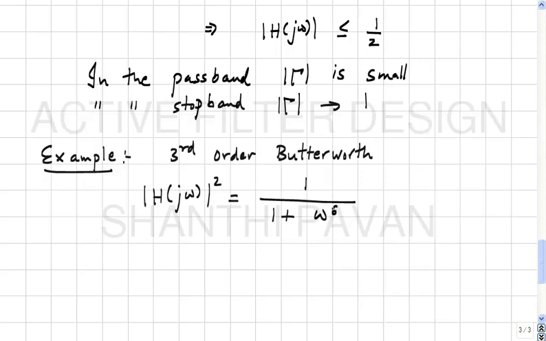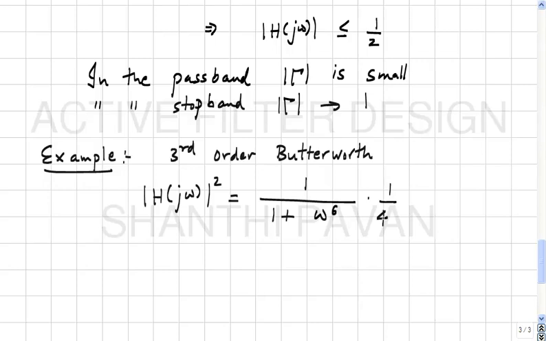Okay, we know that this DC gain is 1, so we say we want the DC gain only to be half. Which means that we will say our desired mod H of j omega whole square is 1/4 divided by 1 plus omega to the power 6. We want a DC gain of half. Mod H of j omega maximum, we want it to be half. So mod square must be 1/4.